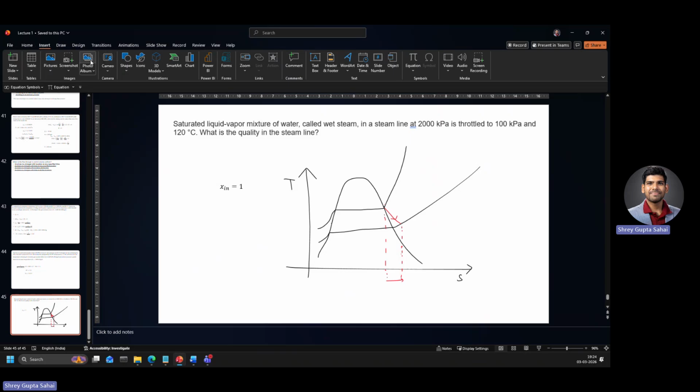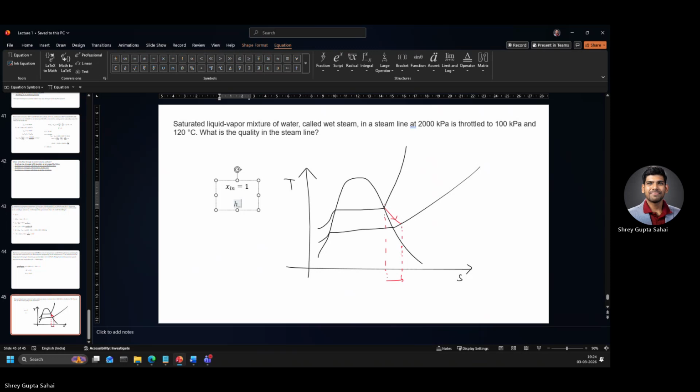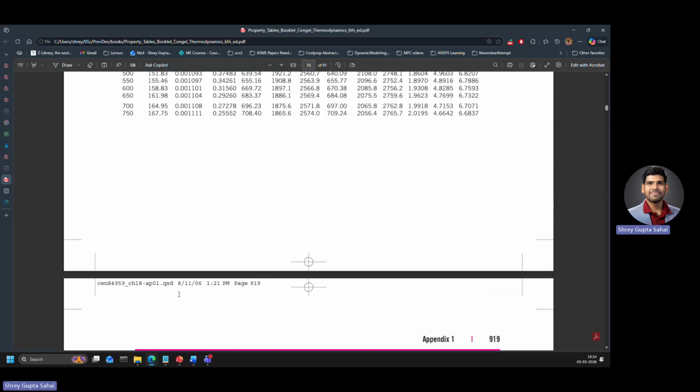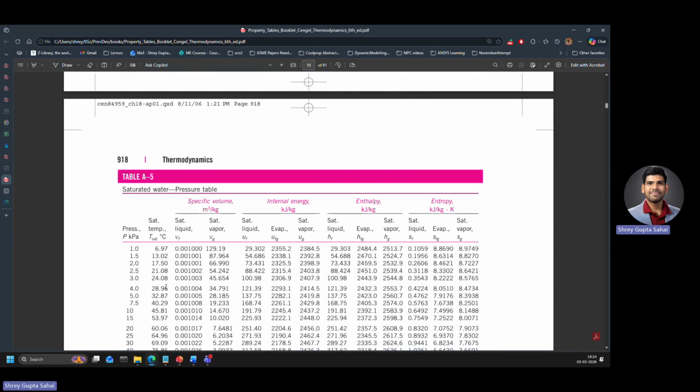Let's first figure out what is our H in. Okay. So for H in, we need to find Hg because X in is 1 at the saturation temperature of 2 megapascals. Okay, so let's look at the property tables here. Either we can use the superheated water tables or we can just go to the saturated water tables.